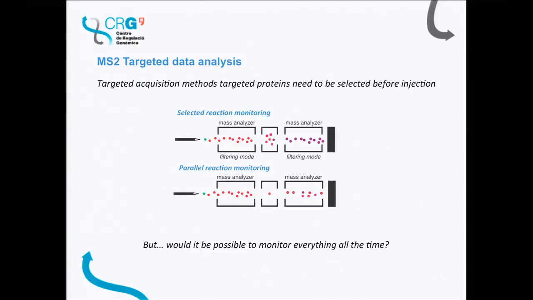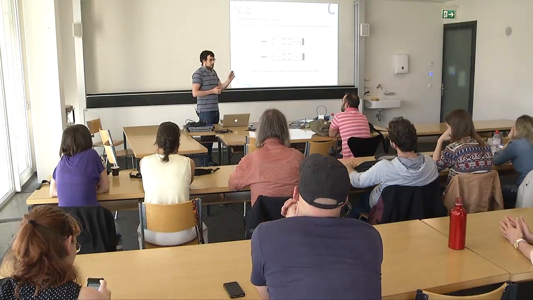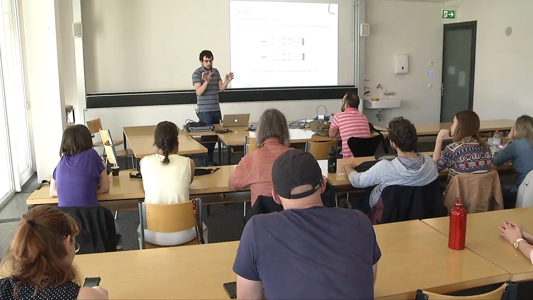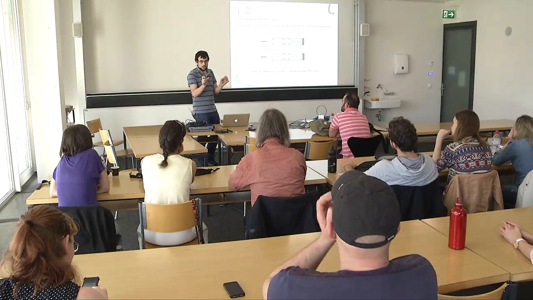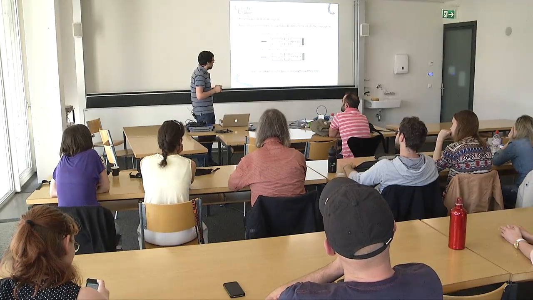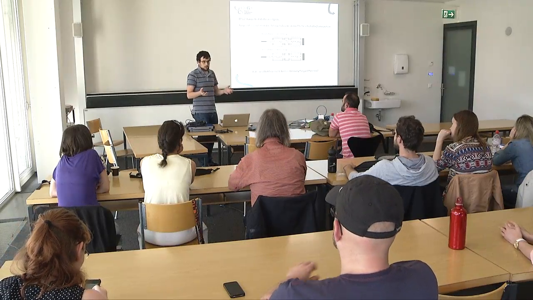Okay, and once we saw both SRM and PRM, we move towards high throughput, right? And the question here is, in PRM or SRM, it's a targeted acquisition mode, so we are only identifying certain precursor ions, and the idea would be: is it possible to monitor everything all the time?